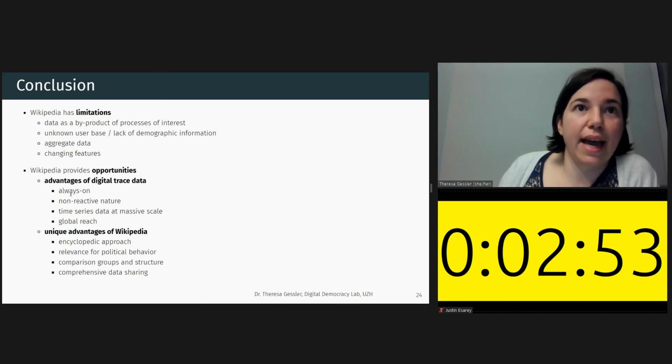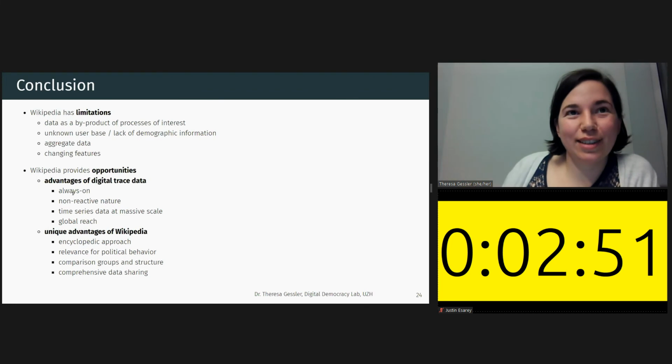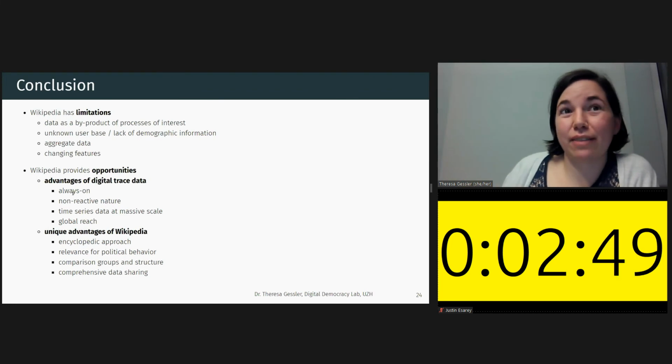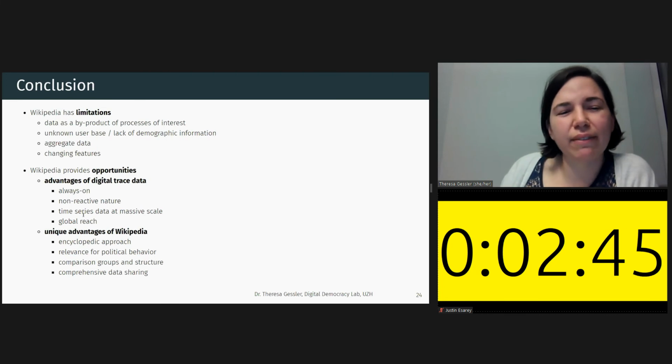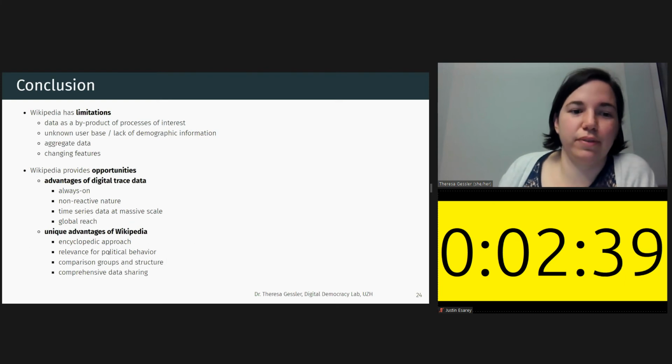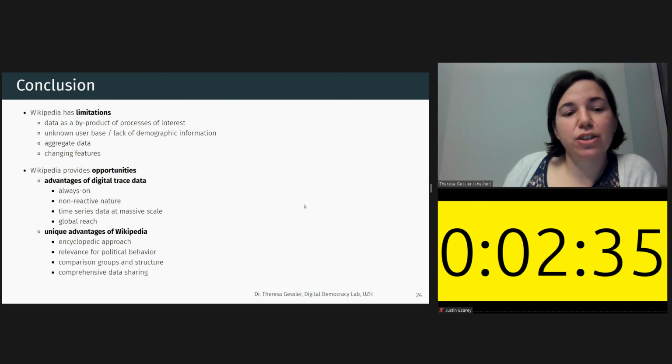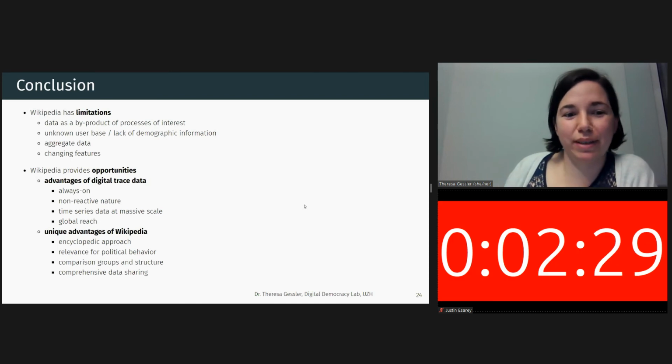So the fact that it basically continuously generates data, the fact that this data is non-reactive, so it's not a response, that it's time series, and that it has a global reach. However, some are also specific to Wikipedia. So this idea that people trust this much more than social media because it has this encyclopedic approach and credibility.